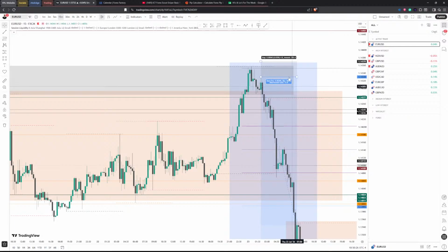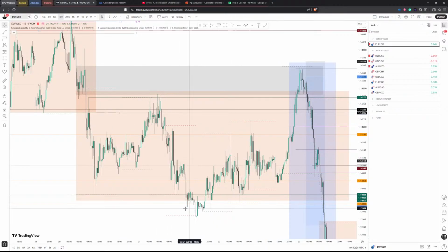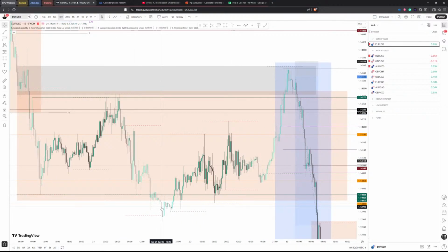Also the upper bound of consolidation, and never close above, not even a wick.